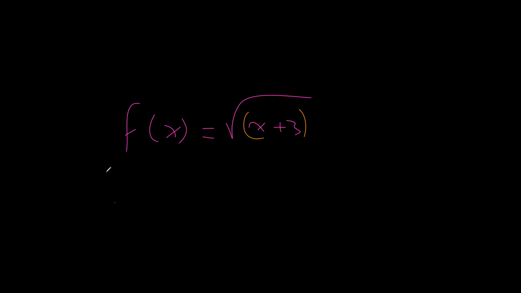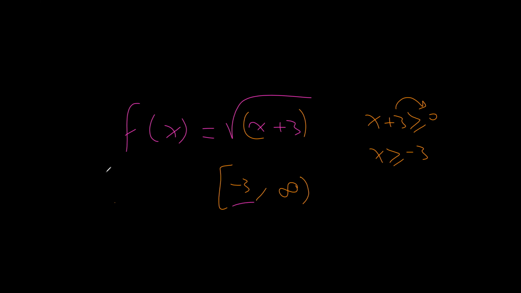So that means what is inside the square root here, x plus 3, I need to make sure that it is greater than or equal to what? 0. If it equals 0, it's okay, but it has to be greater than or equal to 0. So in this case, I send 3 to the other side. That means x will be greater than or equal to what? -3. So in this case now, the domain goes from -3 to positive what? Infinity.